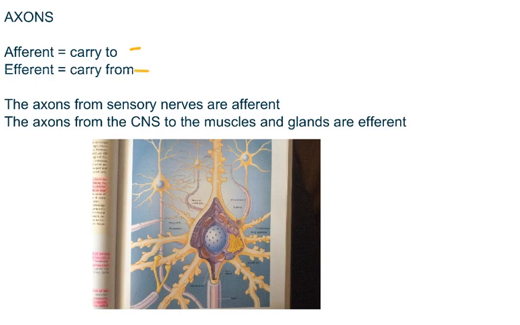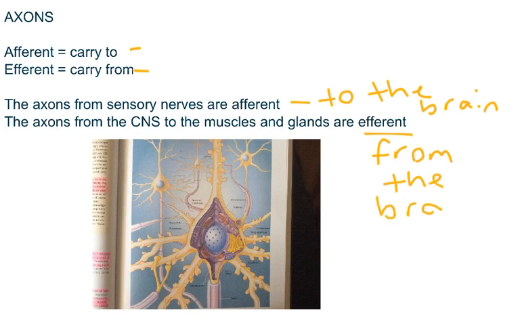The axons from the sensory nerves are afferent, so these ones are going to the brain. The axons from the central nervous system to the muscles and glands are the efferent ones, so they're coming from the brain. That's how you need to remember the two different ones. Just make sure you remember the difference between the two.